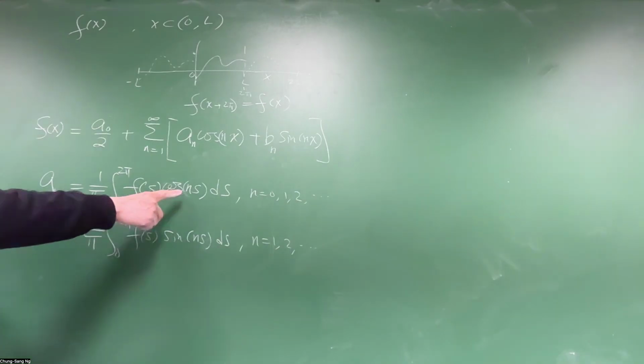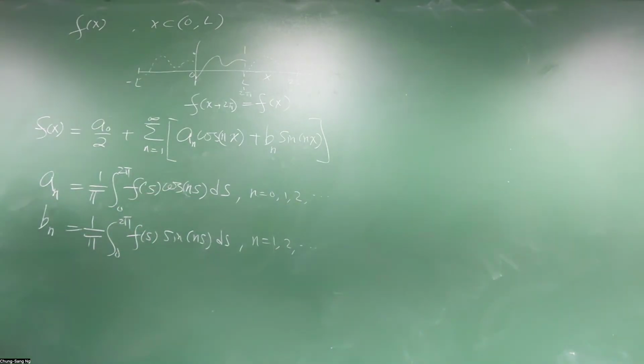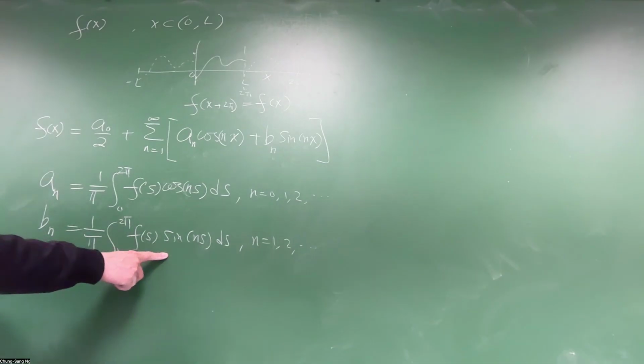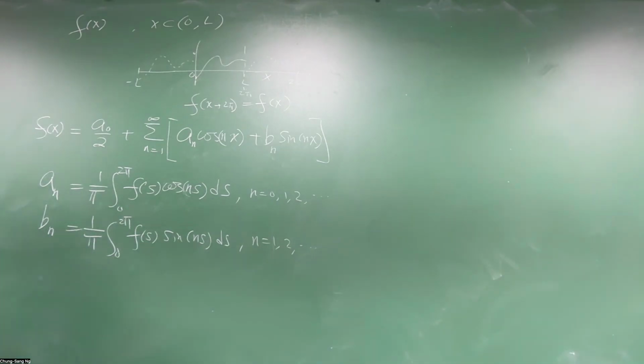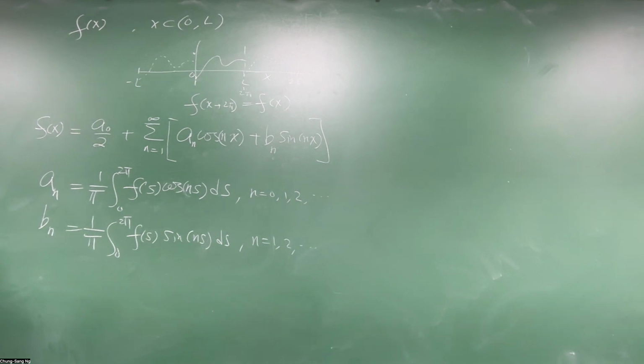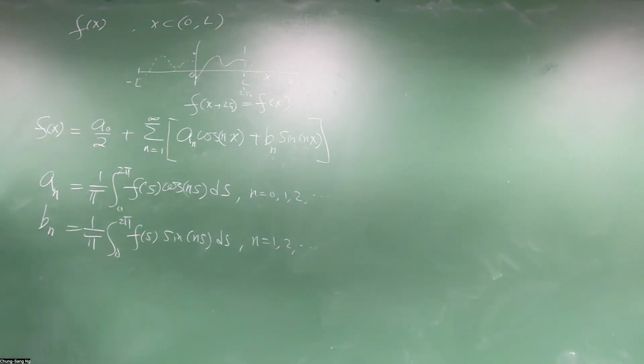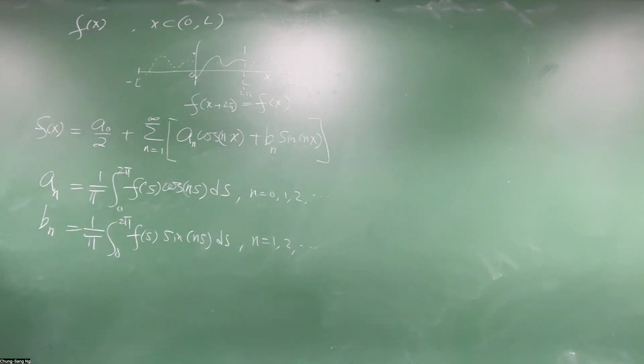So it's just cosine squared nx. Only cosine squared nx will give you the finite value. Likewise, for this term only the sine squared nx will give you the finite value. All the others will be zero. You can convince yourself this way.